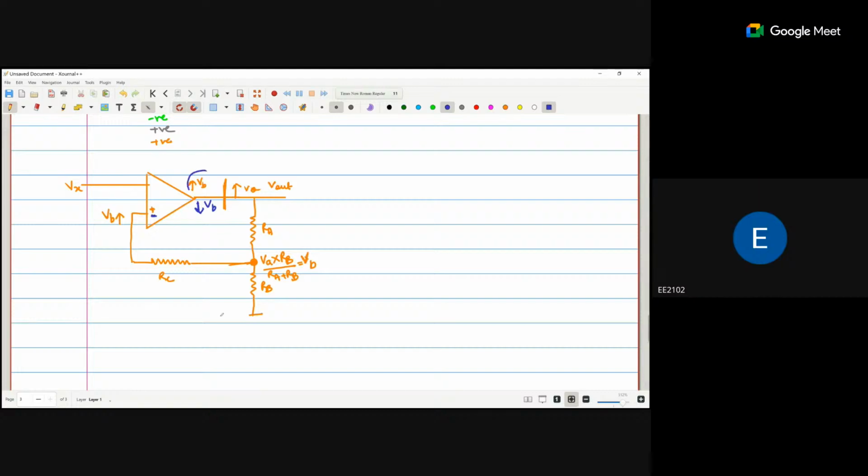Now if we compare these two, the amount will be reduced, but the direction of voltage will be same. So that will be considered as a positive feedback. And if I consider these two, the amount is reduced as well as the direction of voltage will be also reversed. So that is the negative feedback. So for negative feedback, this terminal should be negative, this terminal should be positive.